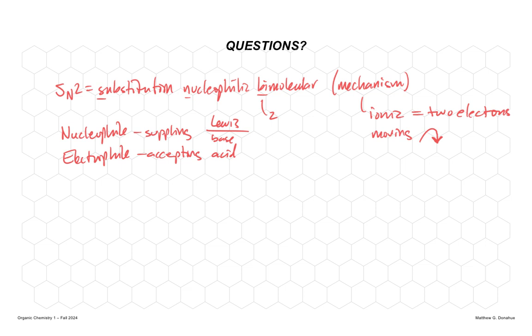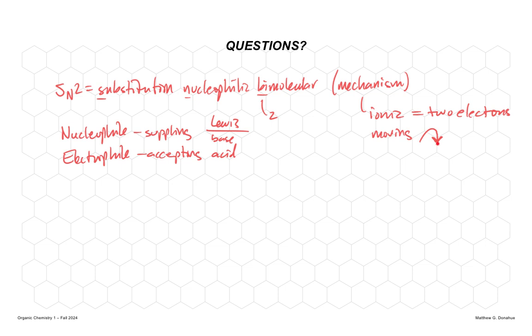What you have to keep clear in your mind is that these are not proton transfer reactions like you're used to seeing in general chemistry for an acid-base reaction. Under the Lewis definition, we're talking about the electrons and how they move.